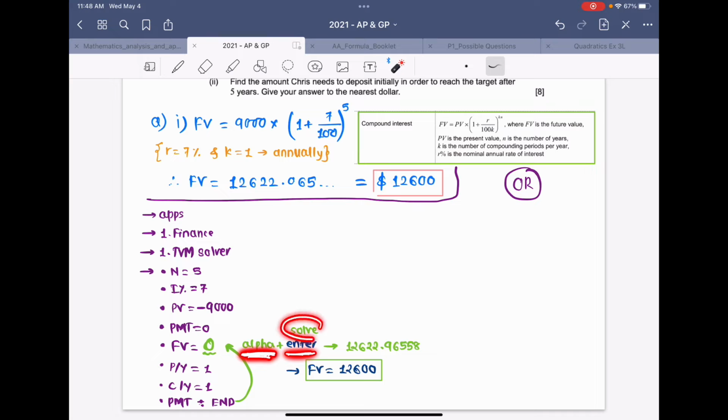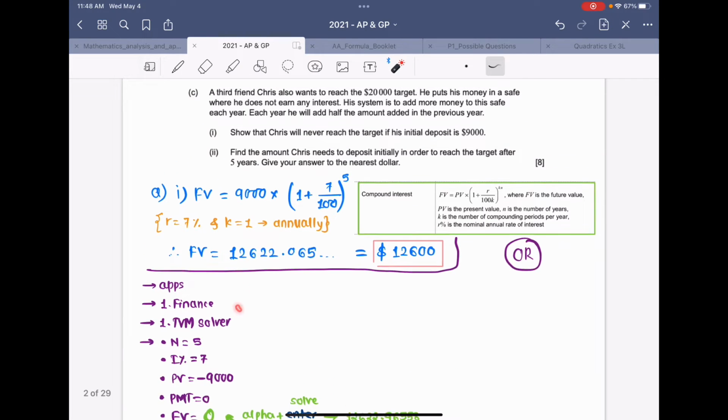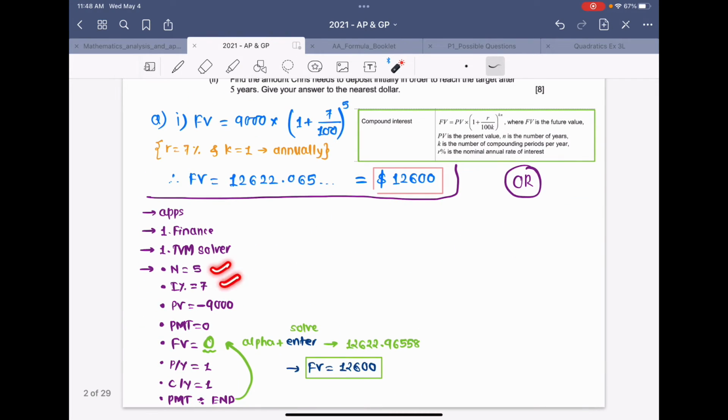That means it takes the instruction of SOLVE. Alpha plus Enter once you highlight FV, and automatically you will see the same value which we already got here. Write down all these components, that is N, I, PV, PMT, everything as it is. Write down this value as it is and then round the answer. FV is equal to 12600.